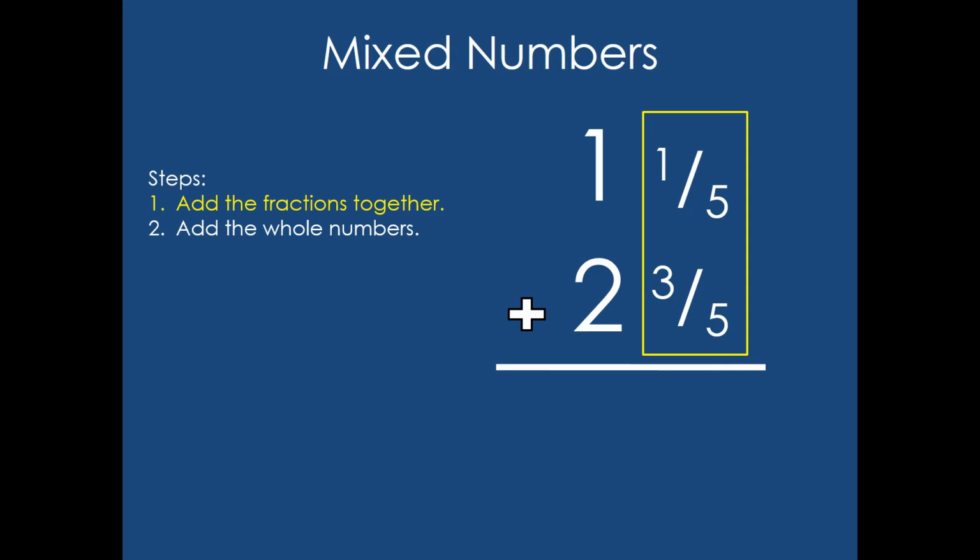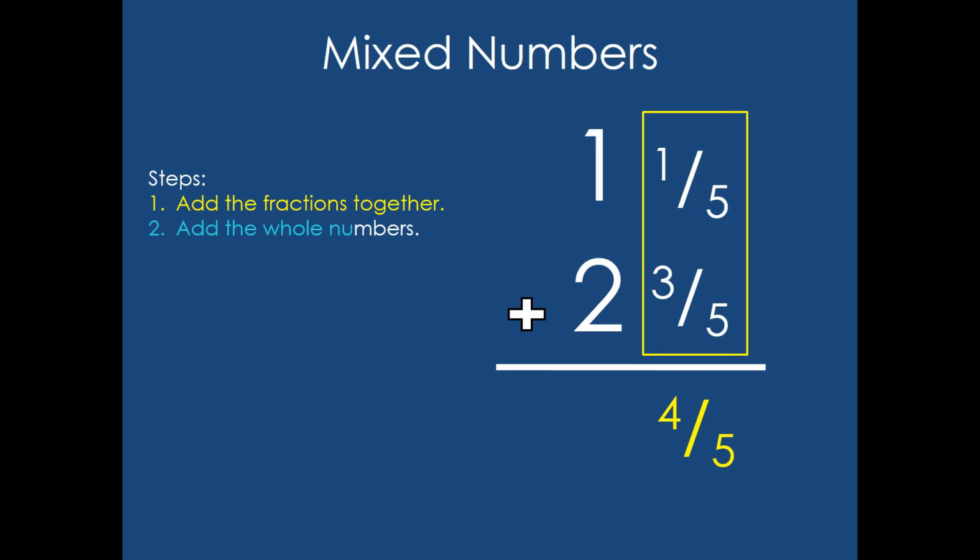So we are going to add 1/5 and 3/5. Because they are like fractions, we are just going to add the numerators. So it becomes 4/5. We just copy the denominator because they are like fractions.